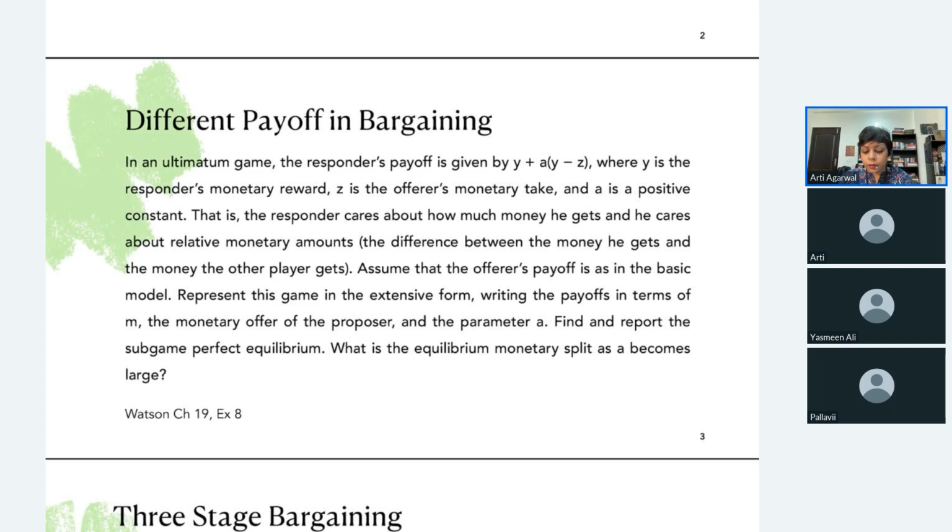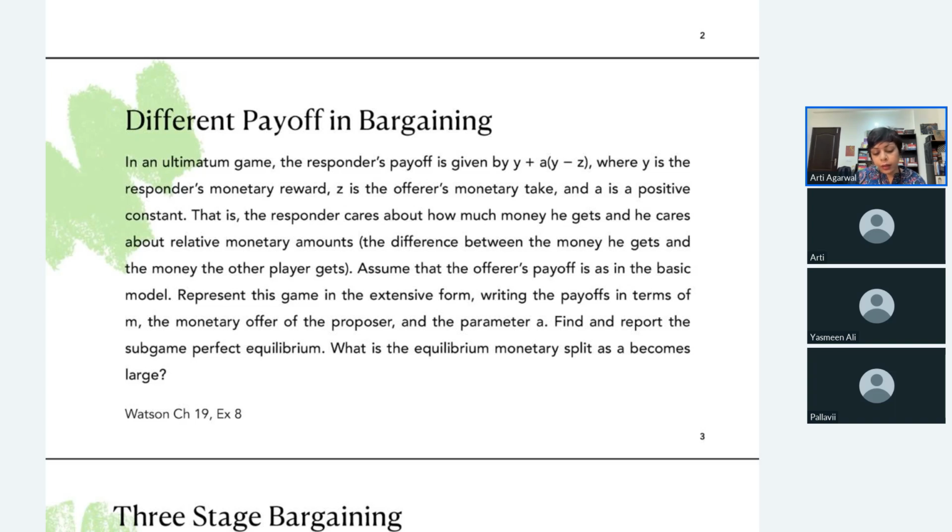The responder's payoff is given by y plus a times (y minus z), where y is the responder's monetary reward and z is the offerer's monetary take, meaning what they're getting. And a is some positive constant.